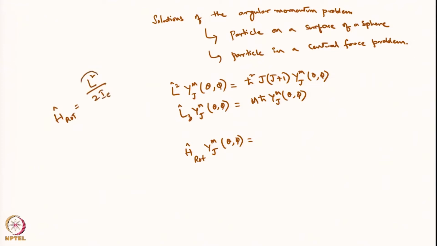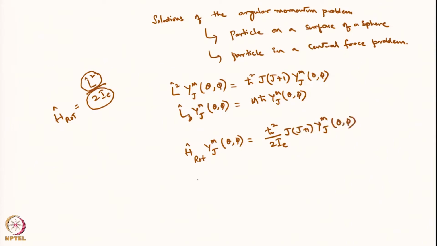We already know the wave functions of this L square operator, so you only multiply by 1 over 2I. That will be equal to h bar square by 2IE j into j plus 1 Yjm theta and phi.